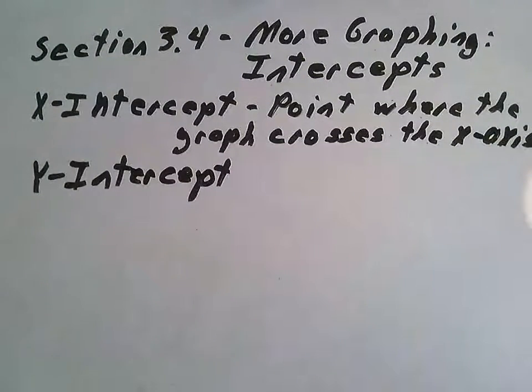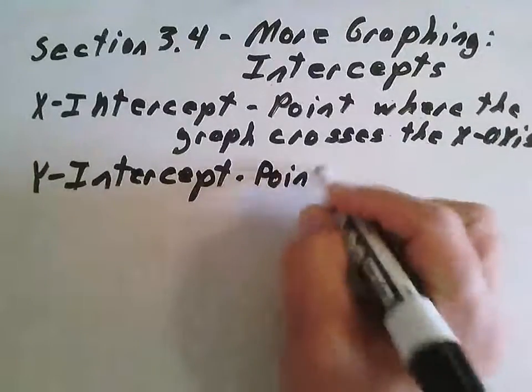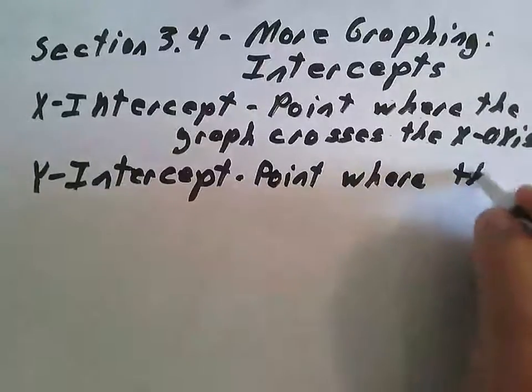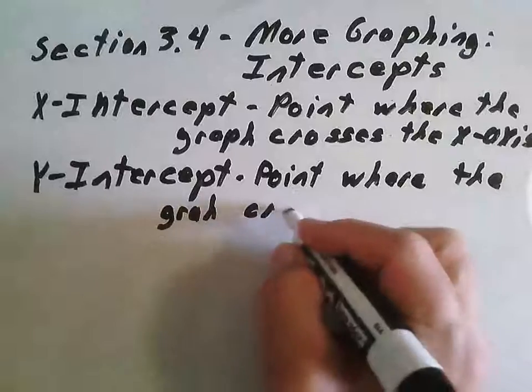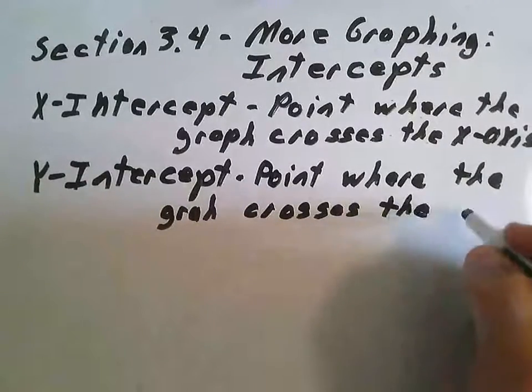So if that's what the X intercept is, then basically the Y intercept is almost the same thing, except this is the point where the graph crosses the Y axis.